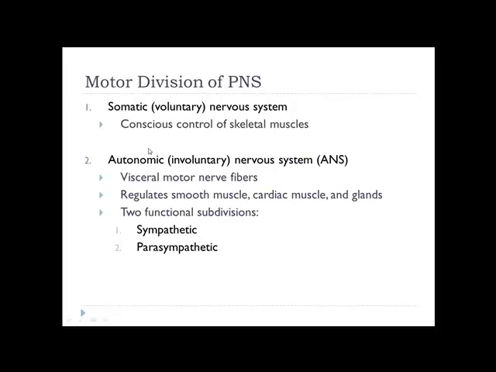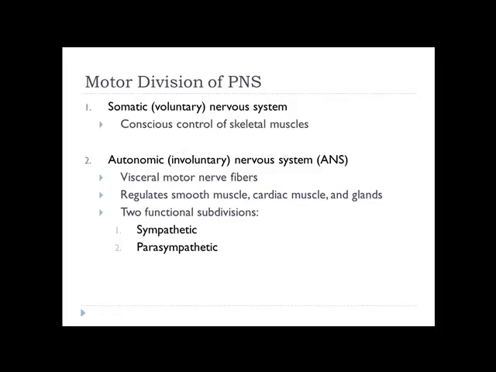Looking at the peripheral nervous system, there are two breakdowns of this. There will be the somatic nervous system and the autonomic, or automatic, nervous system, as I think of it. Somatic, I think somatic muscle or skeletal muscle, so that's going to be under conscious control. That'll be all your skeletal muscles. The autonomic nervous system is going to be everything else.